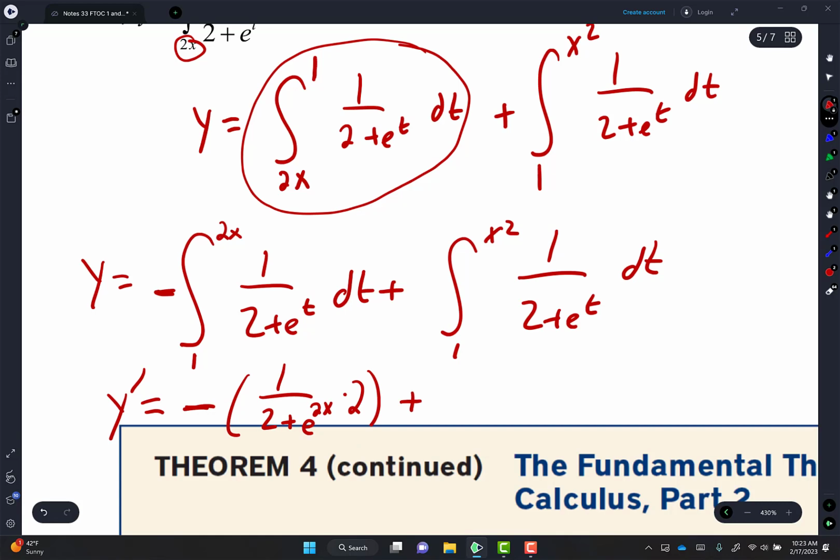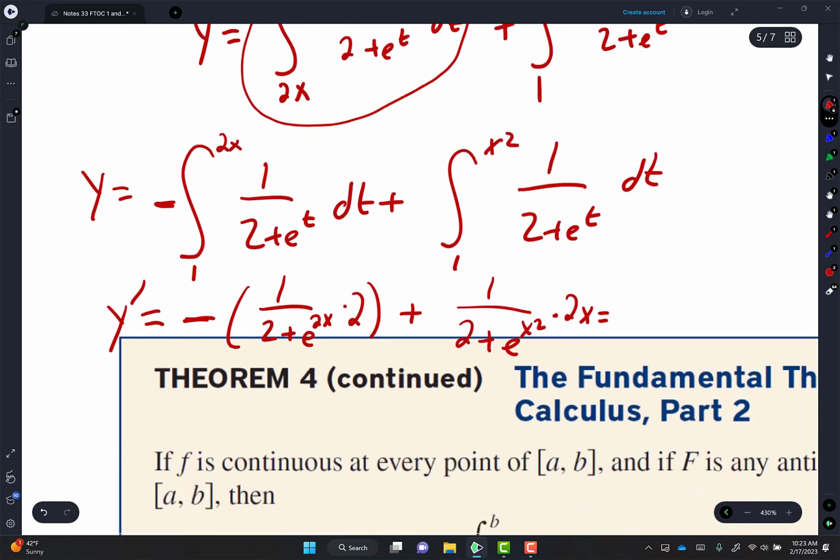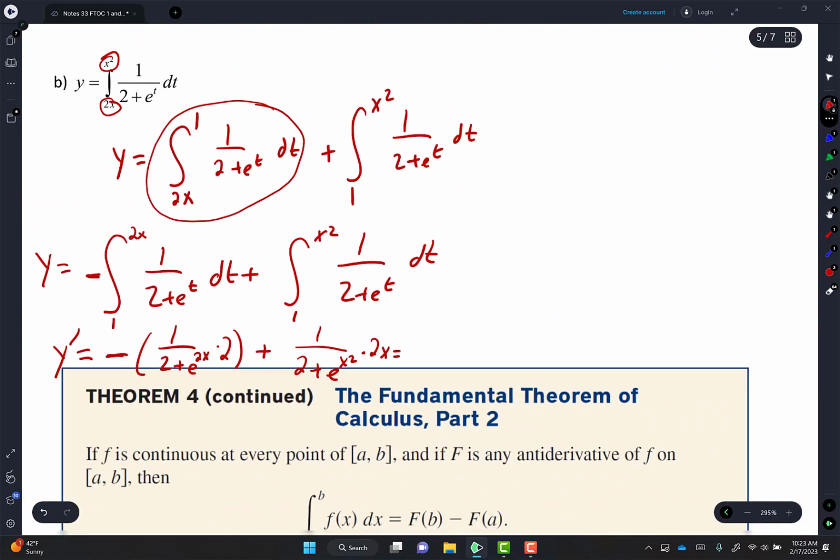Plus 1 over 2 plus e to the x squared times 2x. So here, let me fix it. I'm just going to fill it in right here. Negative 2 over 1 plus e to the 2x plus 2x over 2 plus e to the x squared.